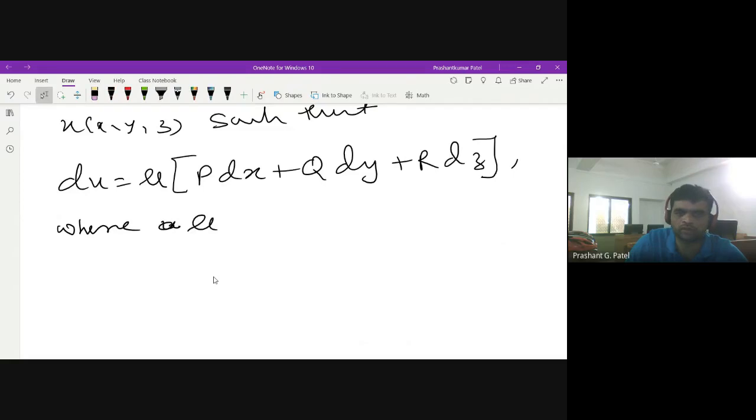Mu is actually a function of x, y, z which is non-zero.